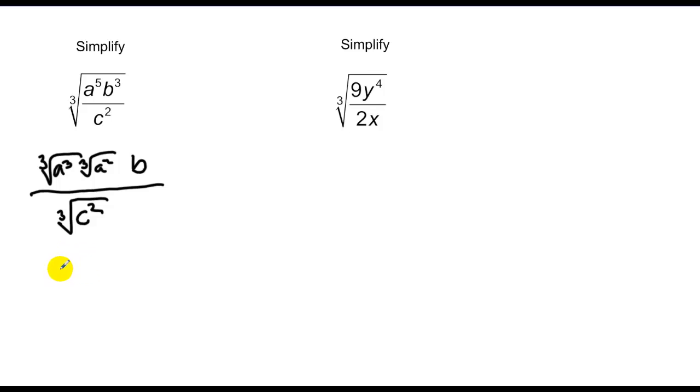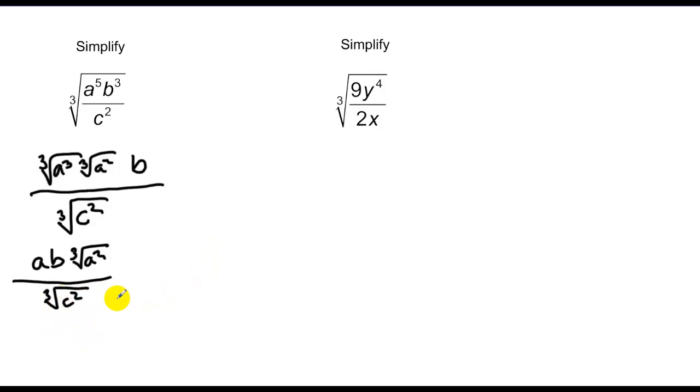So simplifying that a little bit more, I have a, b, cube roots of a squared all over the cube root of c squared.